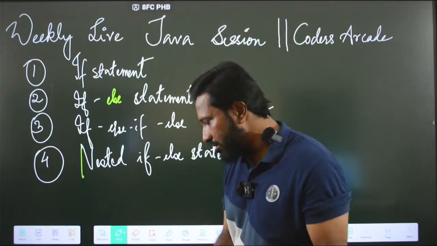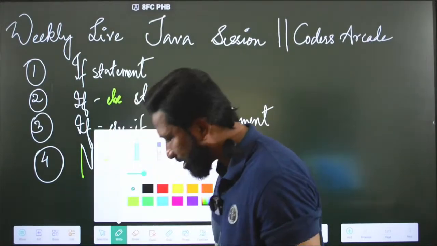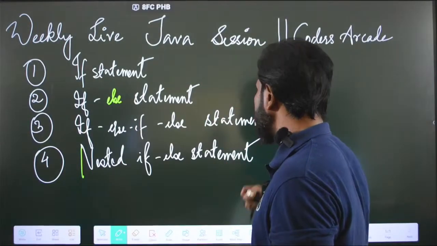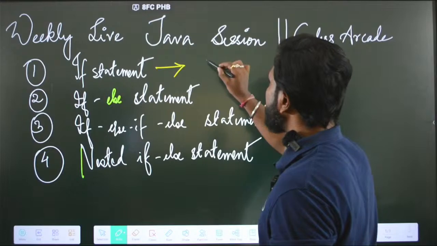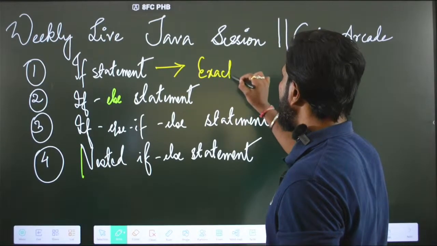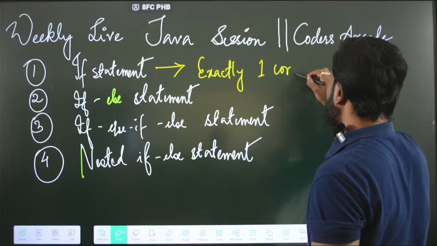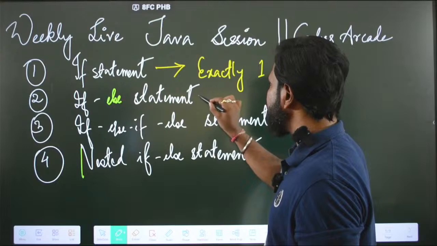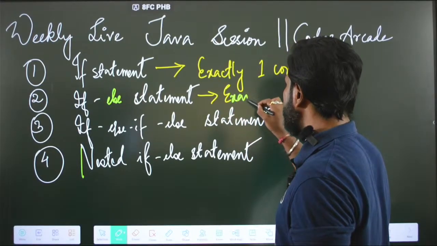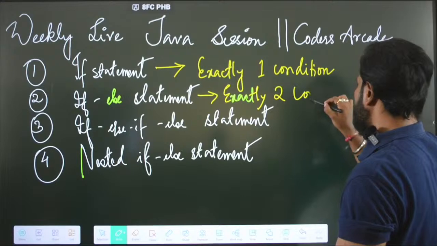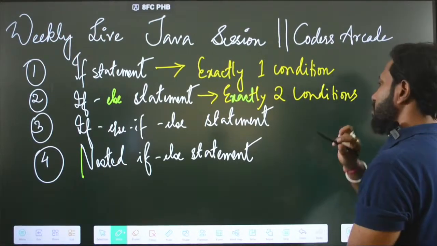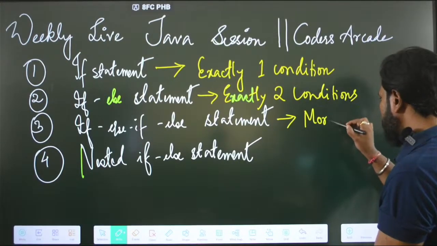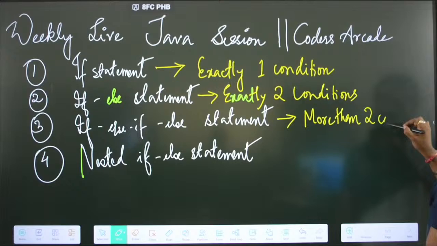So as I had already told you, let me just give you a simple recap. I will not take much time in this. The if statement was for exactly one condition, and then the if else statement had exactly two conditions. And in if else if, here we had more than two conditions.